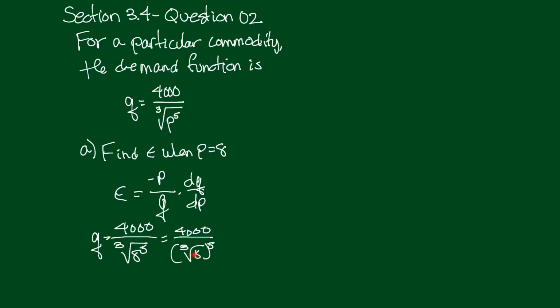If I'm dealing with numbers, it's better to take it outside, I think, because it's easier to compute with. This will give us 4,000 divided by, now, the cube root of 8 is 2, and 2 to the 5th is 32. So I get 4,000 over 32, which just happens to come out to 125.